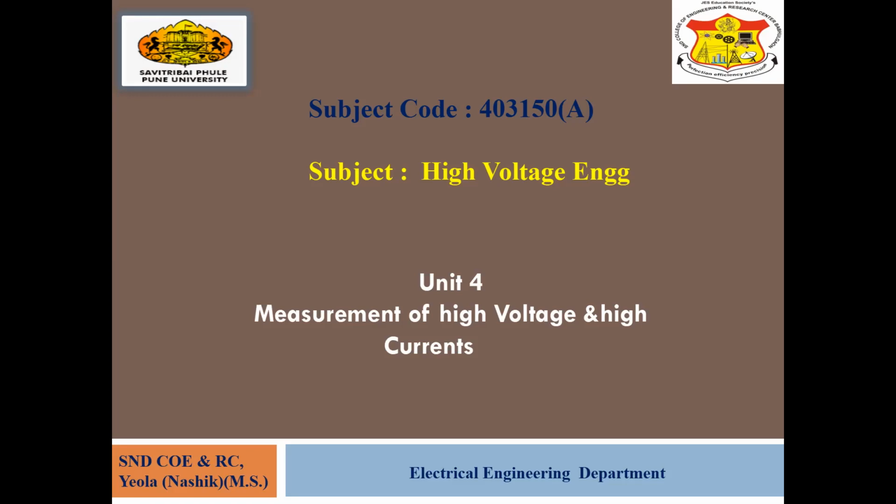We have two or three transformers cascaded, meaning the output of the first is given as input to the second, and the output of the second is used as input to the third. They are cascaded, so we can generate a high voltage at the last transformer.